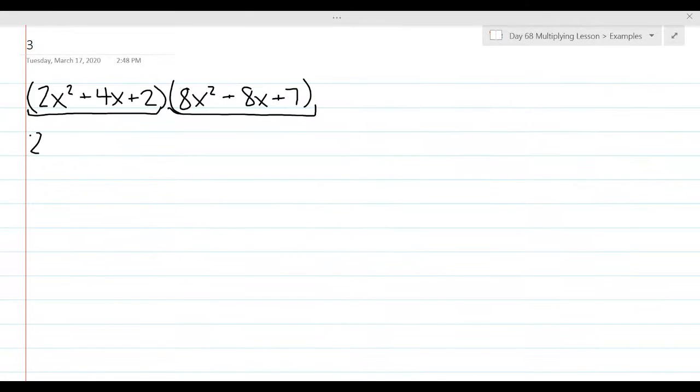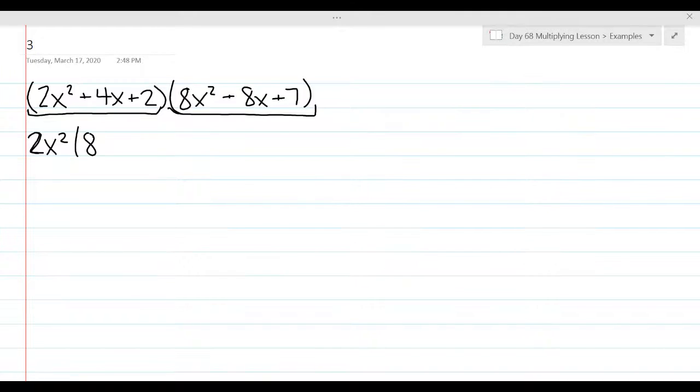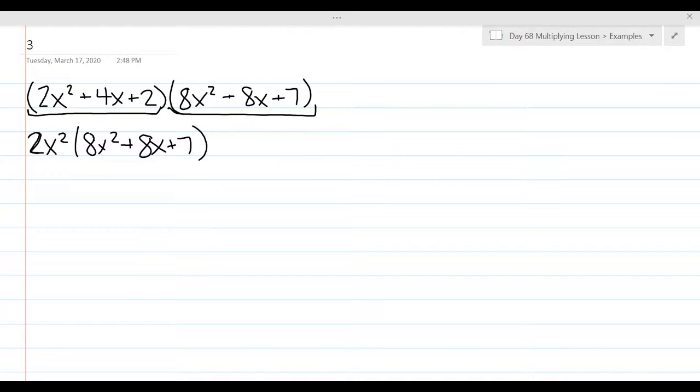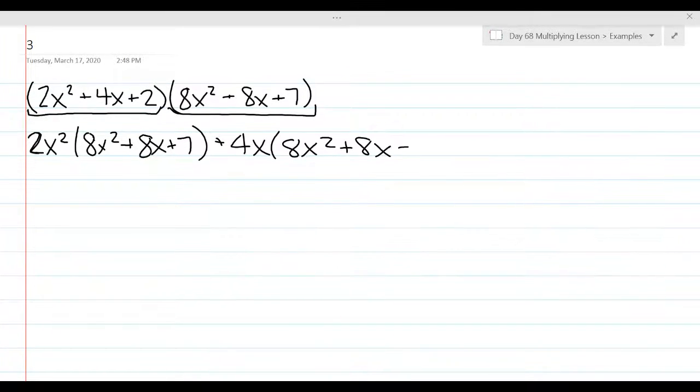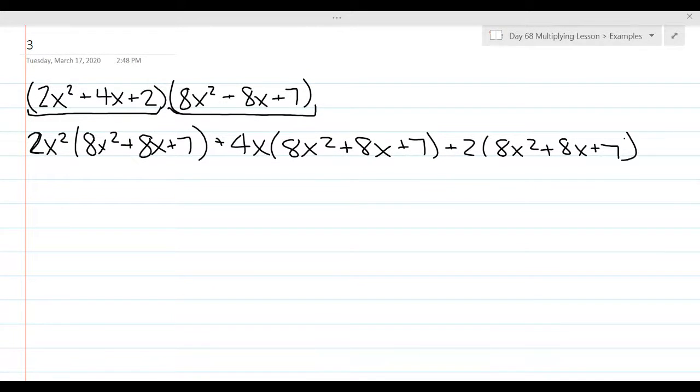So take the first term of our first polynomial, multiply it by the second polynomial, take the second term of that first polynomial, multiply it by the entire second polynomial, and then you take the third term and multiply by the entire second polynomial. When you get more terms inside your polynomial, it's a little bit easier to write it out this way to make sure you're not missing anything.